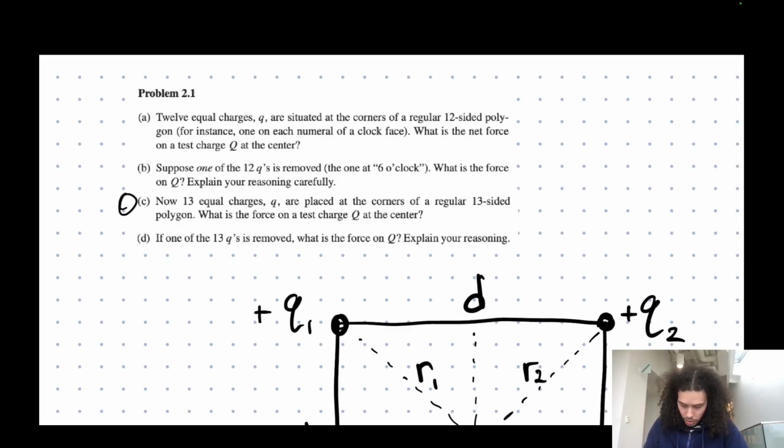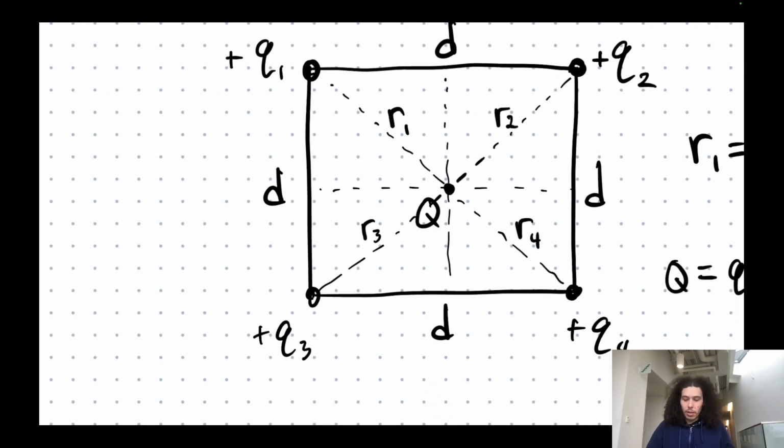Let's see, what about here now? 13 equal charges placed at the corners of a 13-sided polygon. What is the force? I think the rest of this question is just redundant. We made the point.